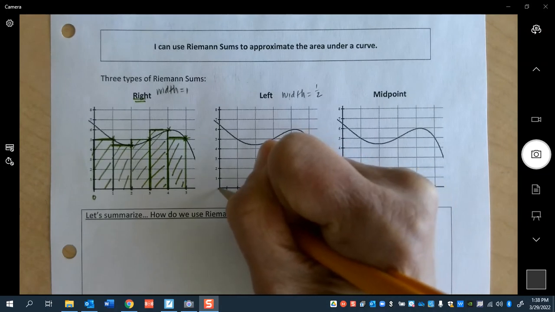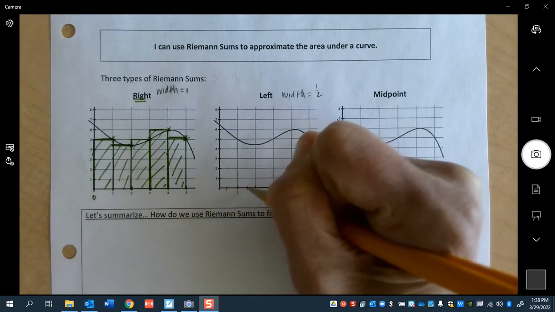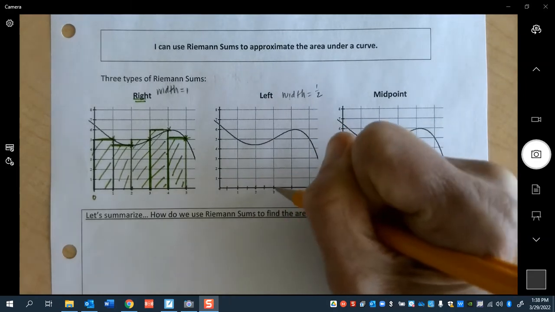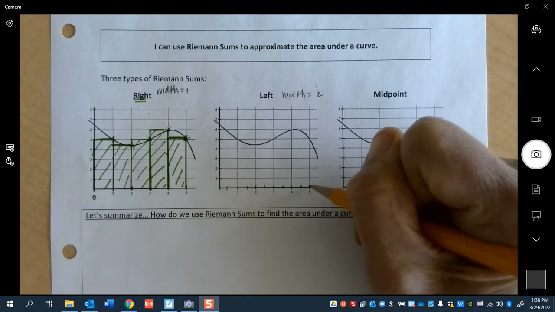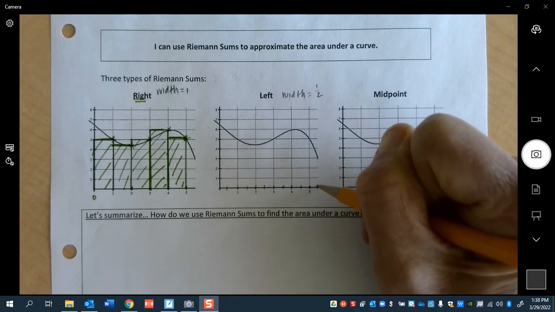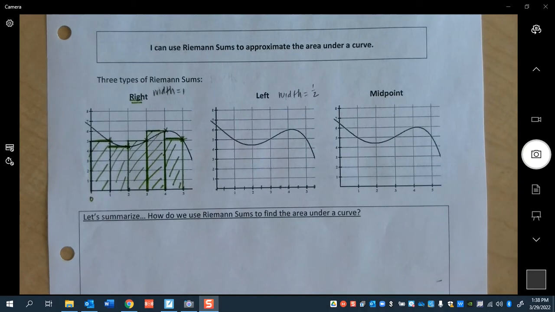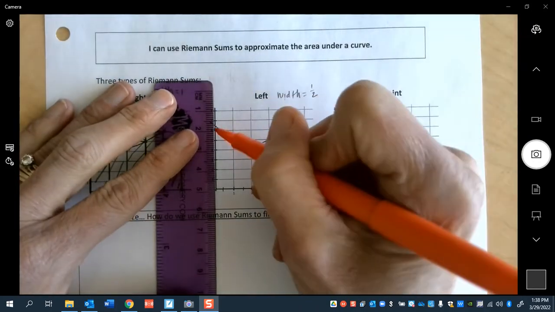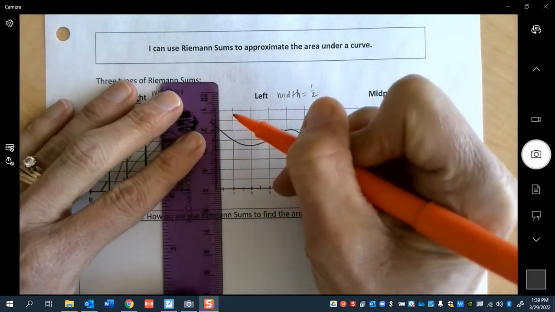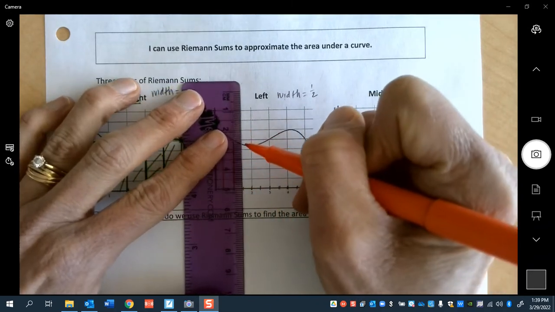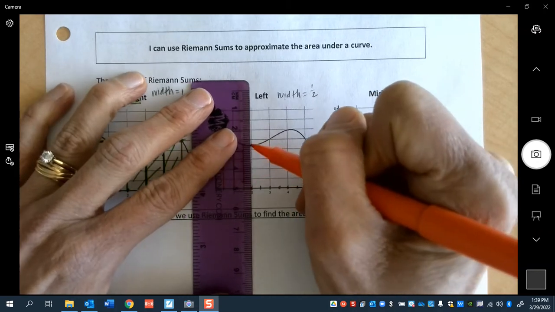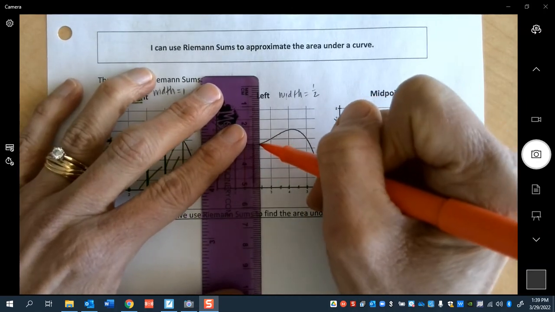Because as I mark each of my intervals here, I'm going to be able to get a much more accurate representation because I have a smaller width of my rectangle. So go ahead and draw a vertical line representing where each interval intersects your graph.